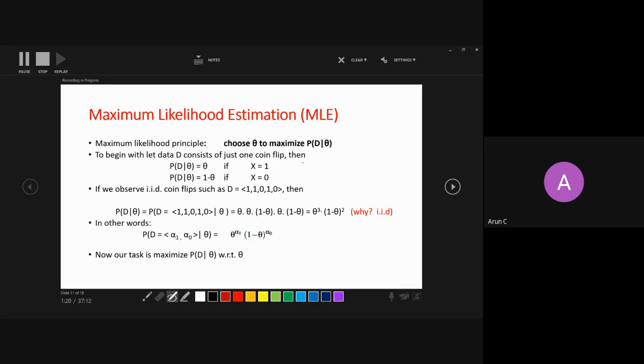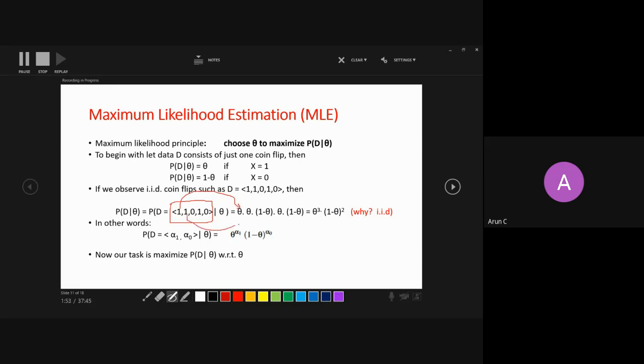Now, to construct a likelihood function, I know for my first trial the probability of getting a head is theta itself, right? So if this is your data set, you tossed your coin and got 11010, and somebody asks you what is the probability of getting this data, you say that if the probability of getting 1 is theta, then this 1 comes because of the probability theta.